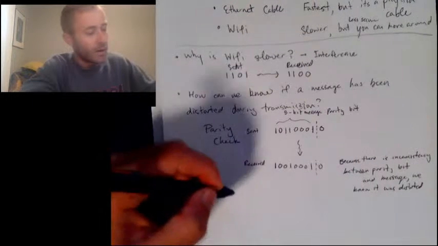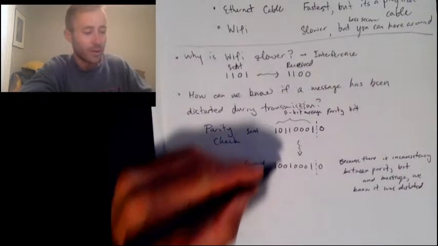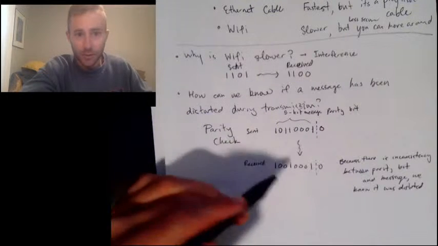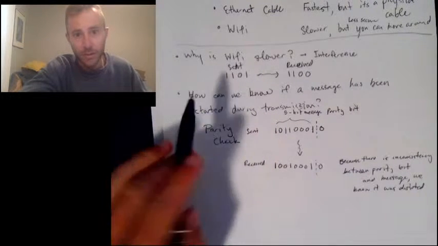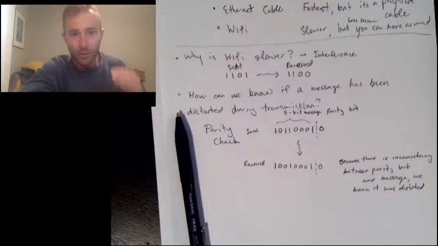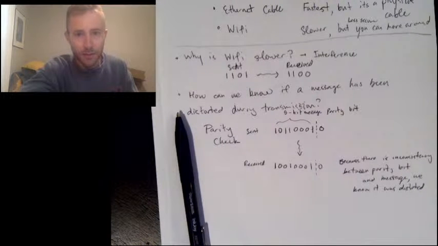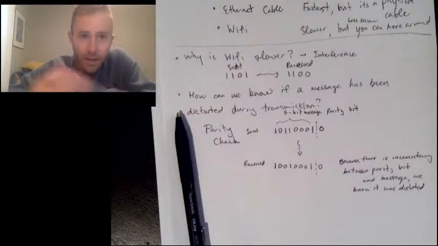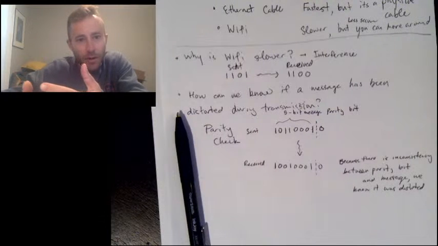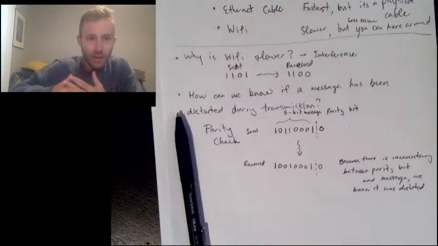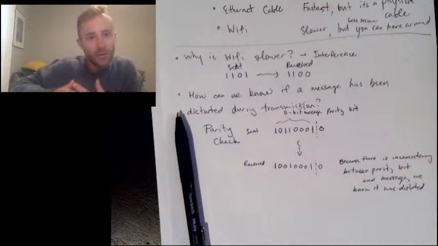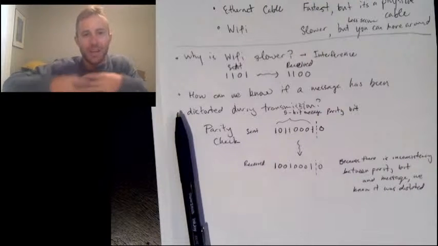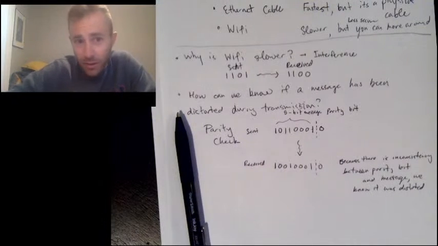So if you have 2 bits distorted, then the number of bits that are 1 is still going to be even or still going to be odd. But the likelihood that 2 bits are changed is a lot less than the likelihood that 1 bit is changed. So you catch most of the errors, but you don't catch them all.